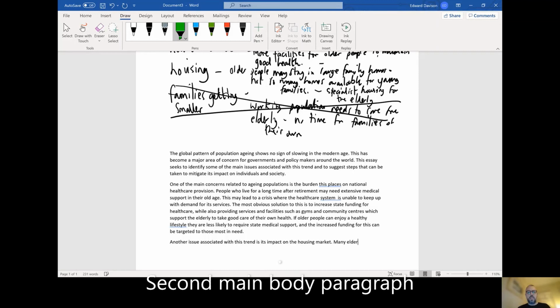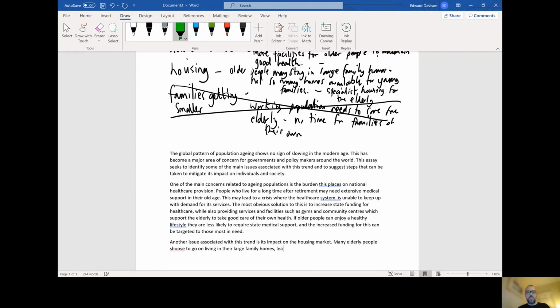Many elderly people choose to go on living in their large family homes, leaving many rooms unoccupied.